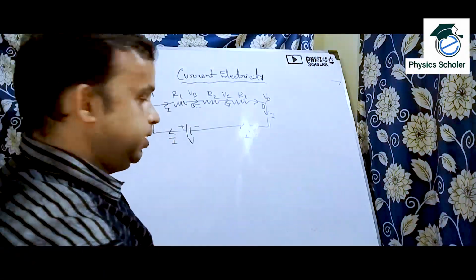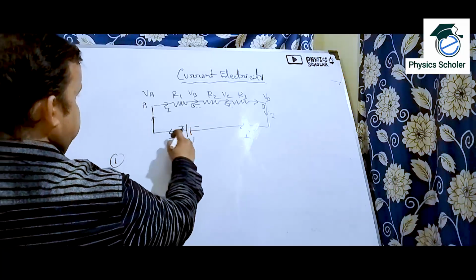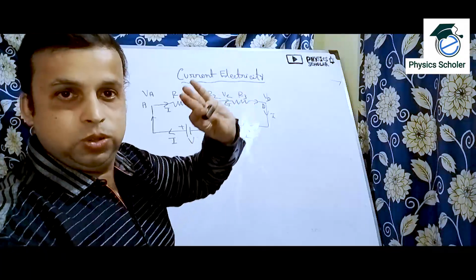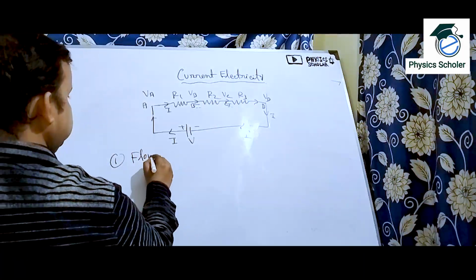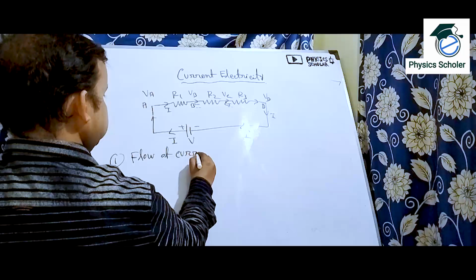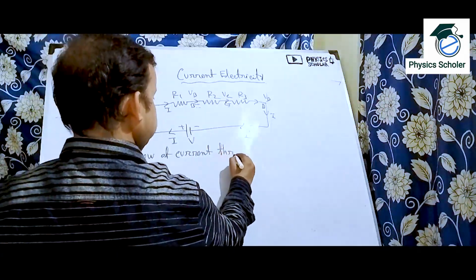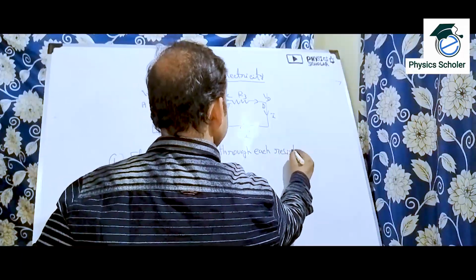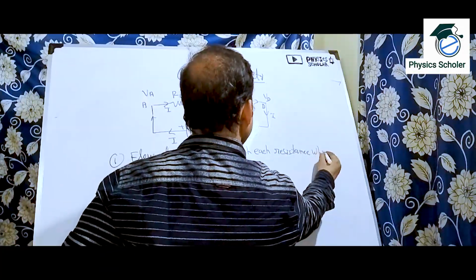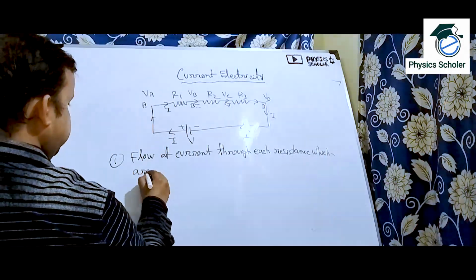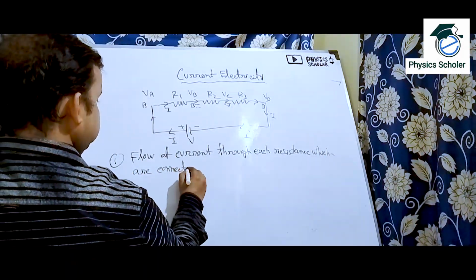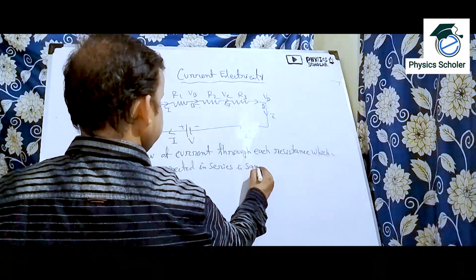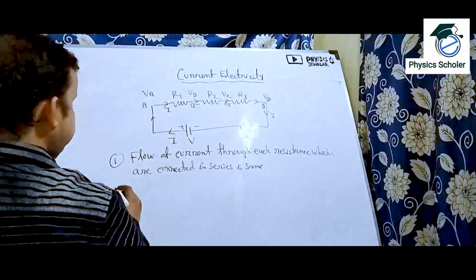Now the thing is that the flow of current through all the resistances which are connected in series is the same. So the flow of current through each resistance which is connected in series is the same. Here it is I.